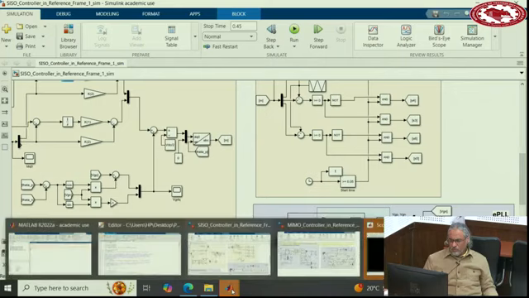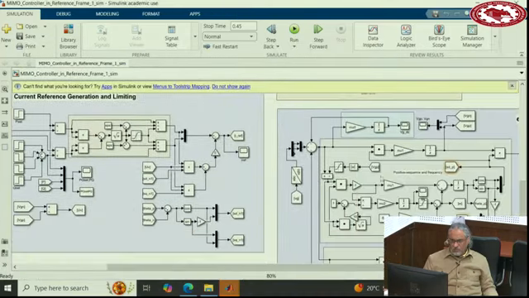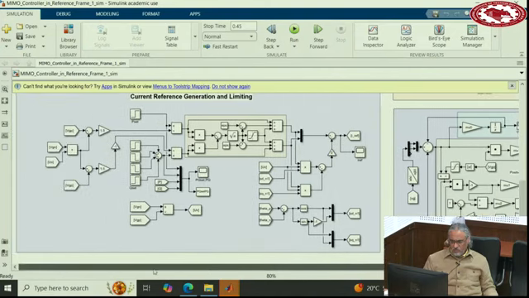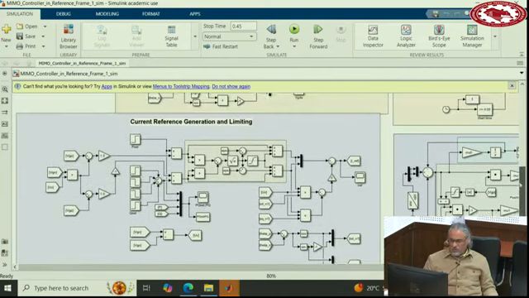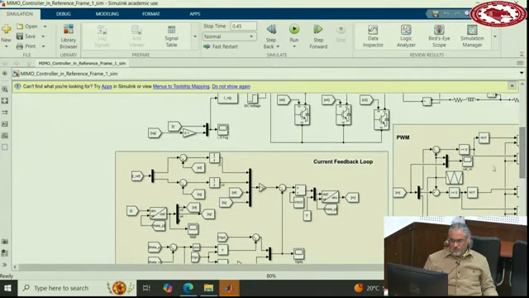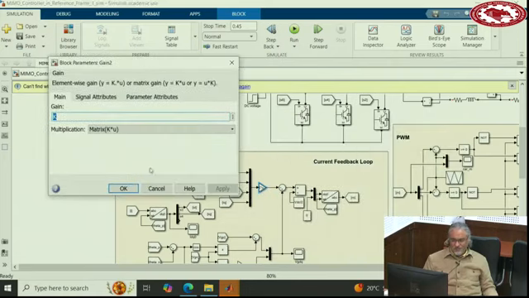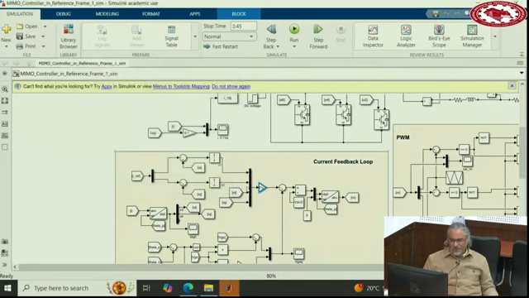For MIMO, the only difference here is in your controller, right? So I summarized everything in this small block here. K into X equals U. So K is defined in the parameters in the simulation.